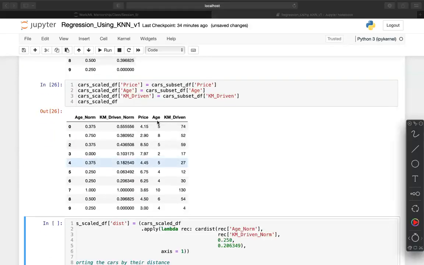So this is the original age and kilometer driven of the cars, and if you see, this is the minimum one, and it's represented as 0 correctly, and the maximum one is represented as 1, and all the other values have been normalized based on that. Same thing here as well. This is represented as 0, and this is represented as 1, and the rest of the values have been scaled based on that.